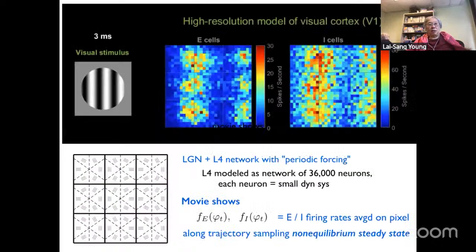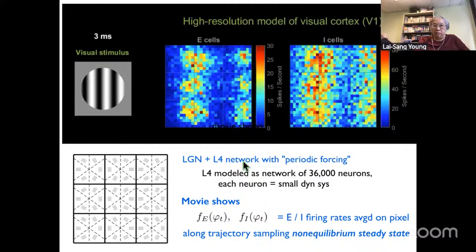So the next one is a little movie, but a movie of what, right? I want to say this in clear dynamical systems language. We have a model of LGN and layer 4, a 2-layer network driven with a periodic forcing, namely the drifting grating, right?